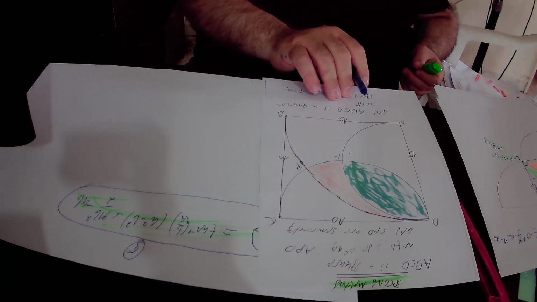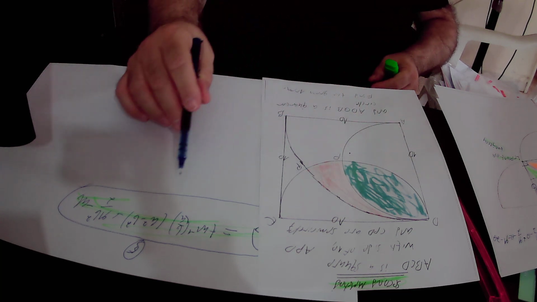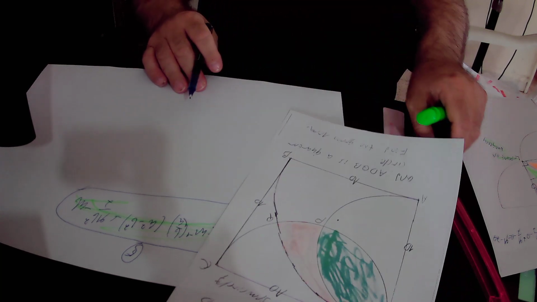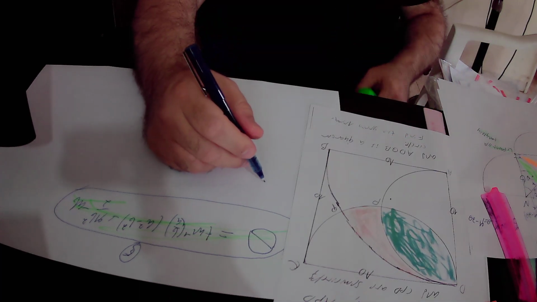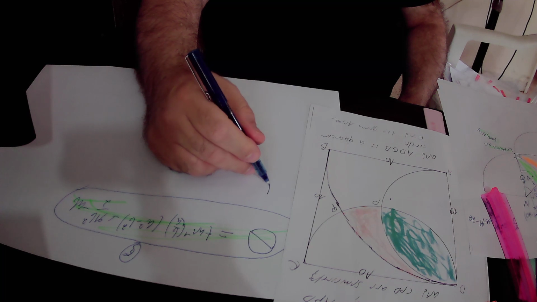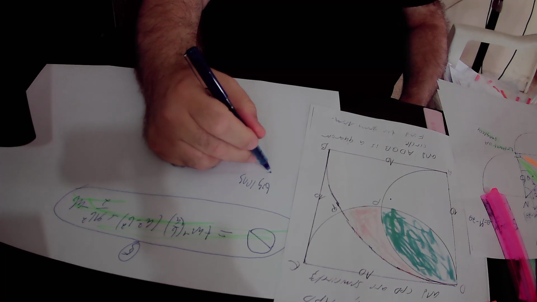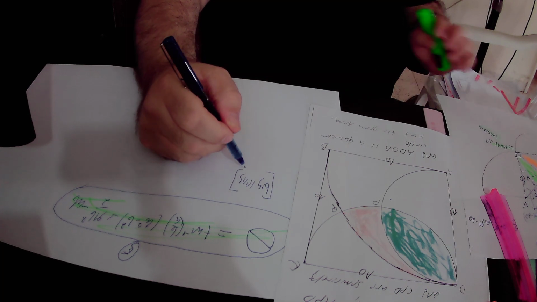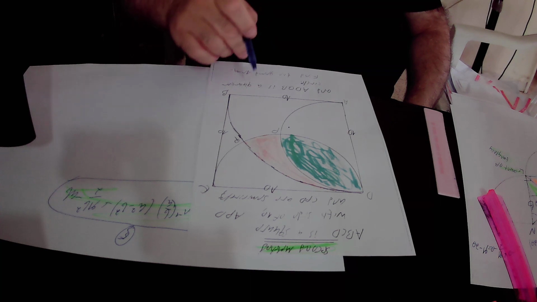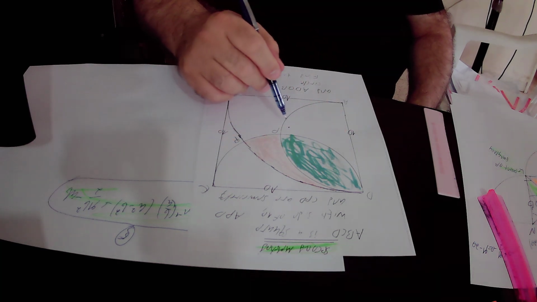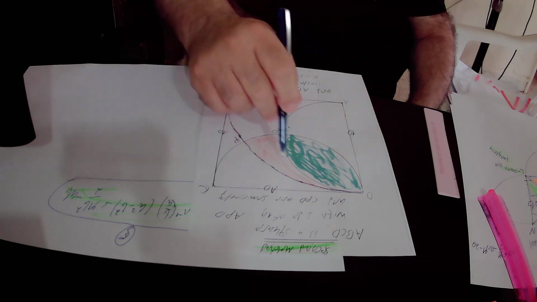So first of all, we will find out the area of the big lens by using this formula. What is the area of the big lens? The area of the big lens was created by the intersection of the quarter circle with this semicircle.